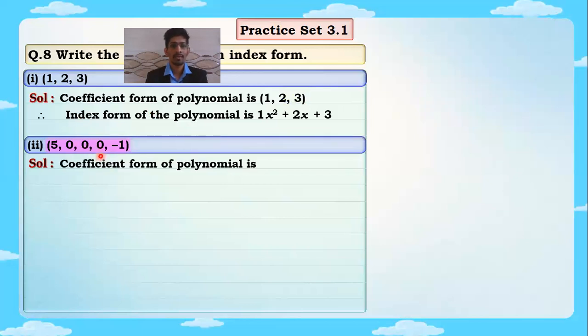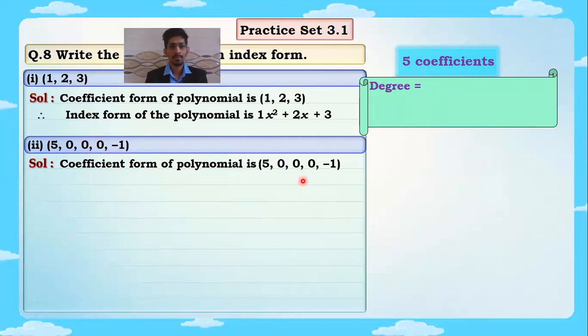Total 5 coefficients. So how to find degree? For degree, we have a basic rule, number of coefficients minus 1. 5 coefficients minus 1. So 5 minus 1, that gives you what? 4. That means यहाँ पे हम लोग को start करना है highest power raised to 4 से.